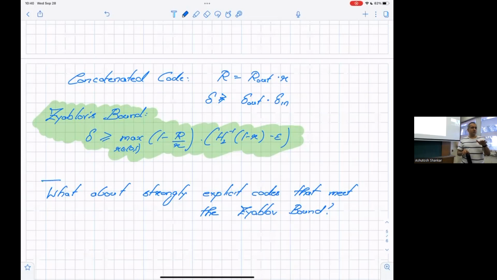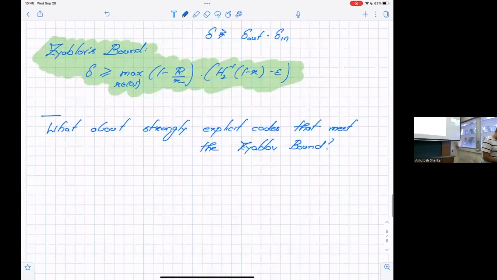We don't know how to do this. There will be an element of brute force search. Even the next construction, which is strongly explicit, has just one level of concatenation. It has brute force search, but the brute force search happens in the analysis, not in the code construction. This is going to be Justesen's construction.